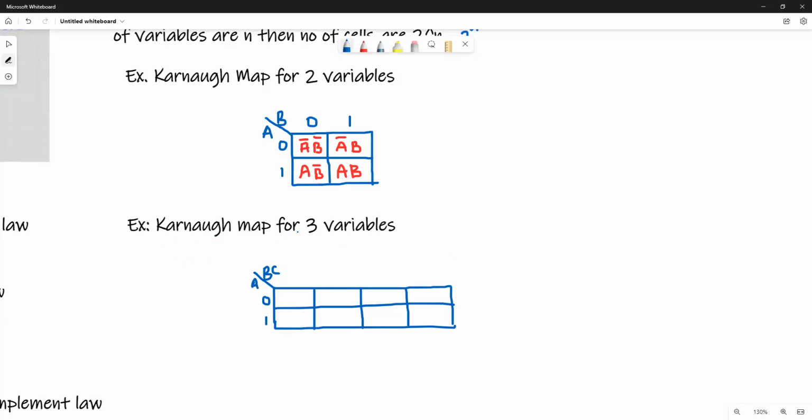So when you say Karnaugh map for 3 variables, on one side we'll take one variable. On the other side, I'm going to take 2 variables.